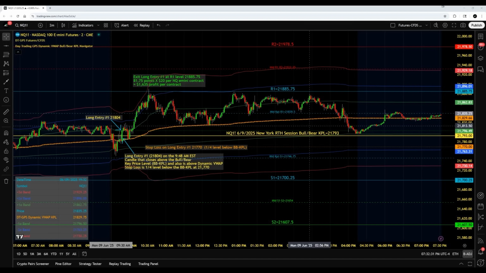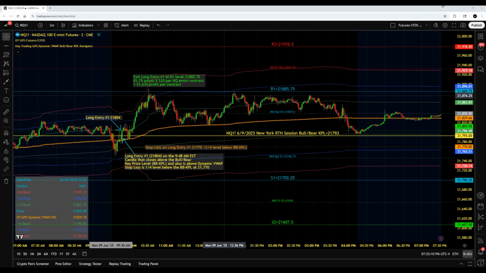So if you're the kind of trader that likes to trade, say, from 7 a.m. in the morning, and you like to take advantage of news events that often occur at 8:30, then you can use the London session levels on our indicator for the bull bear key price level and support resistance levels for the US pre-market. But if you just trade the RTH session, then these levels come out at 9 a.m. and the session starts at 9:30.